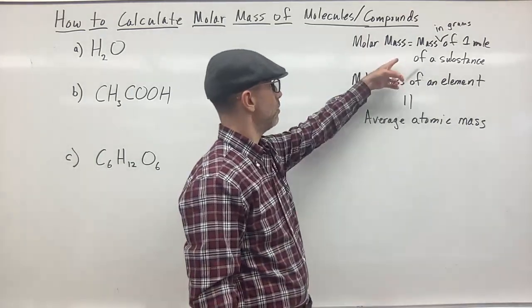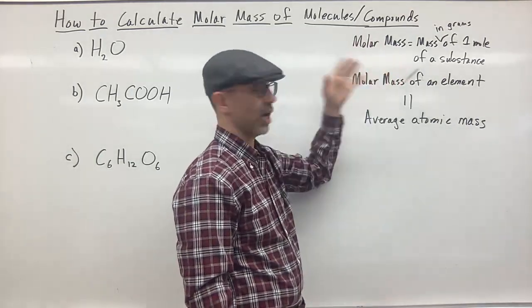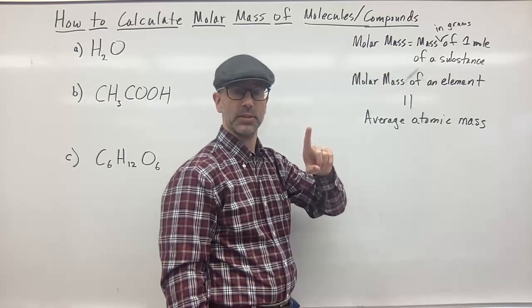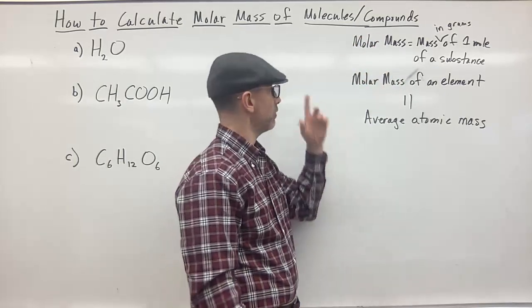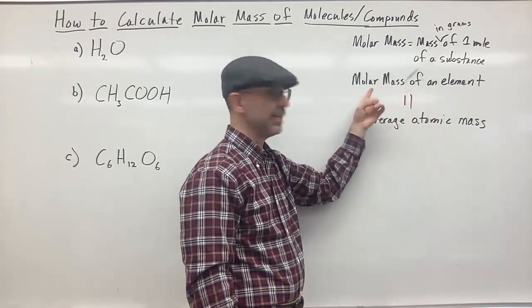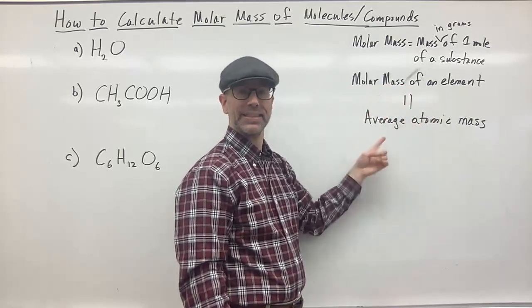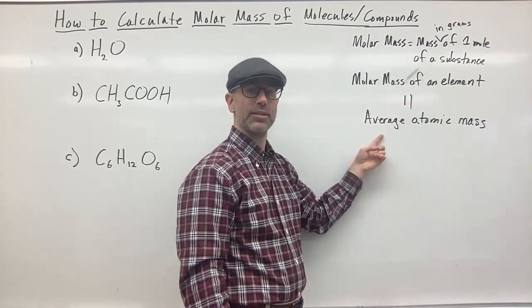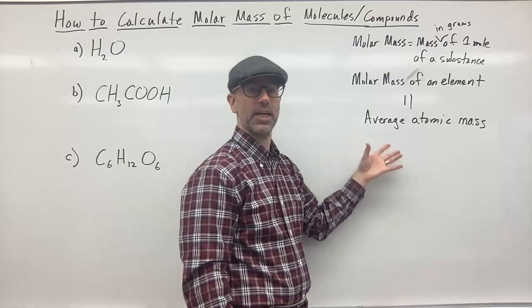So the molar mass is the mass in grams of 1 mole of that substance, and for every element on the periodic table, that molar mass is the same as the average atomic mass that you find on the periodic table.